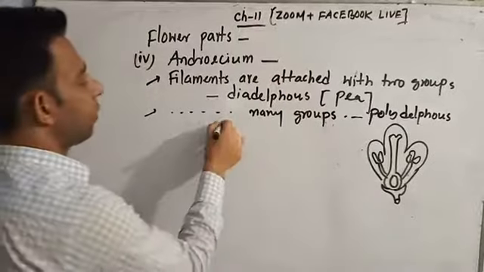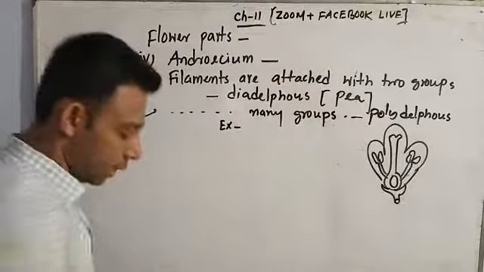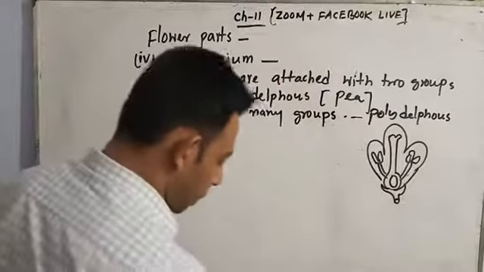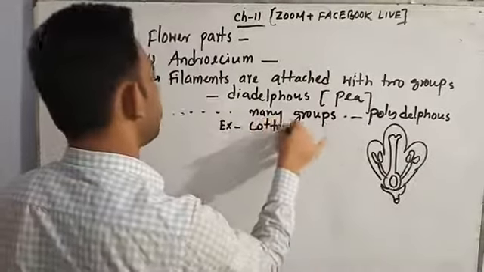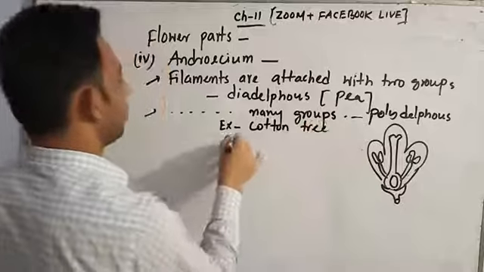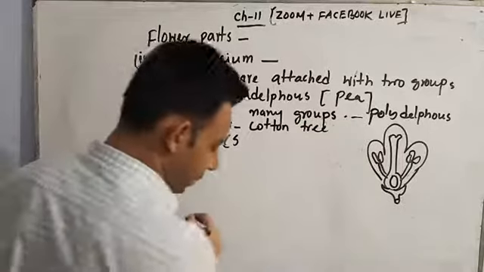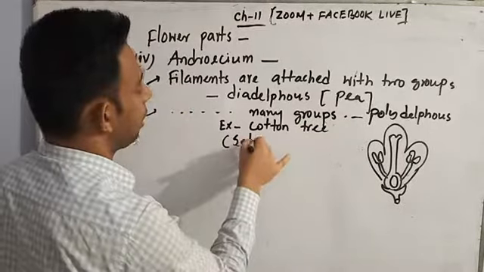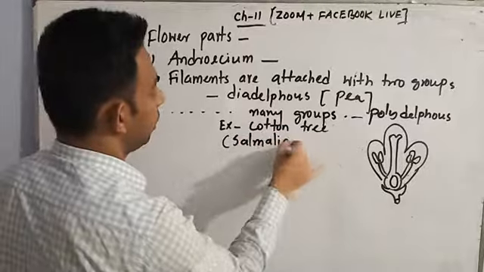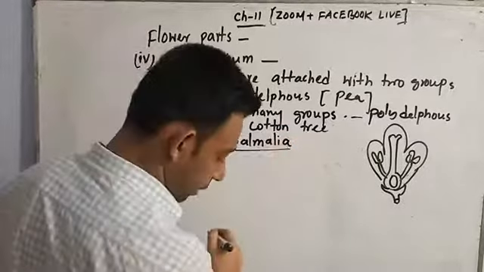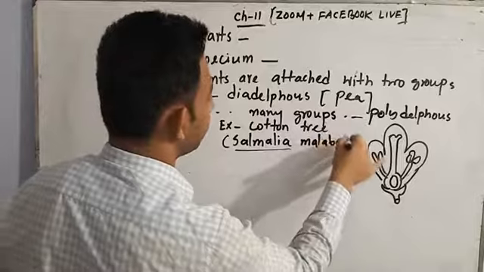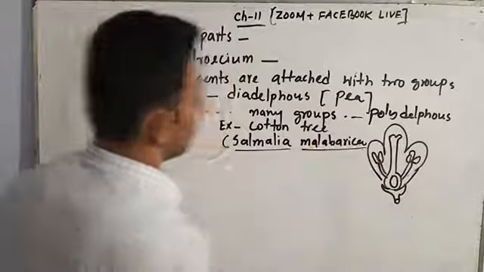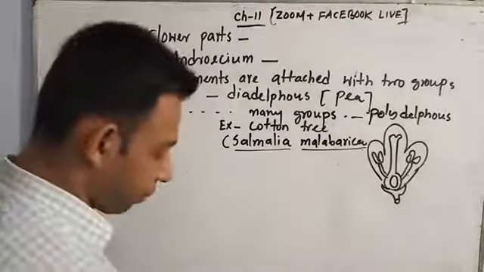The example is the cotton tree, scientific name Salmalia malabarica.